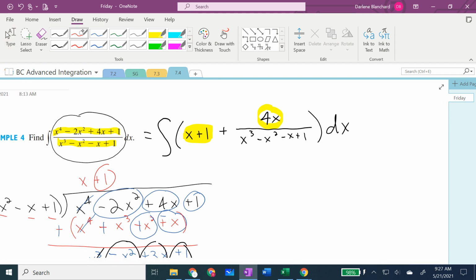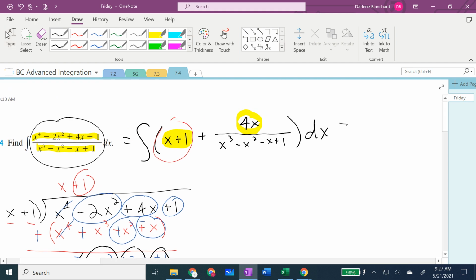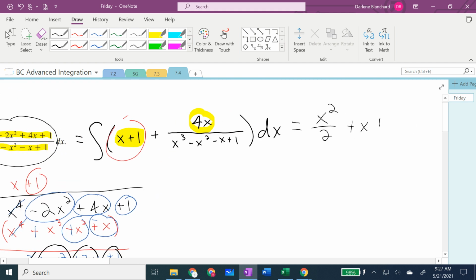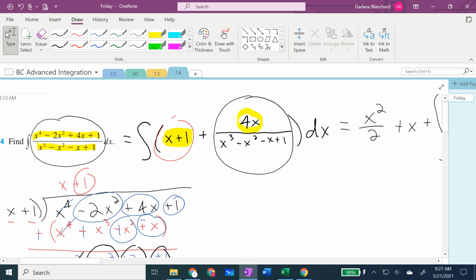Then I'm able to integrate this function, and integrating that gives me x squared over 2 plus x. But then I still need to integrate this. And so we took something that was a degree 4 polynomial over a degree 3 polynomial, and after division, we got this, which we could take care of.